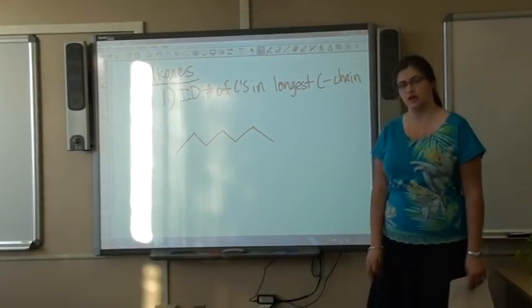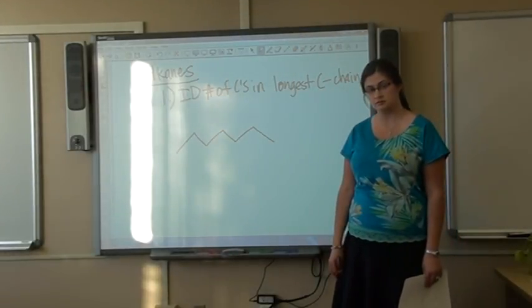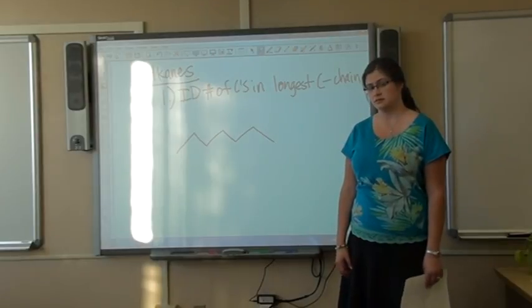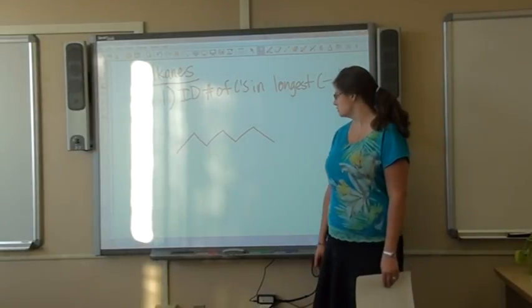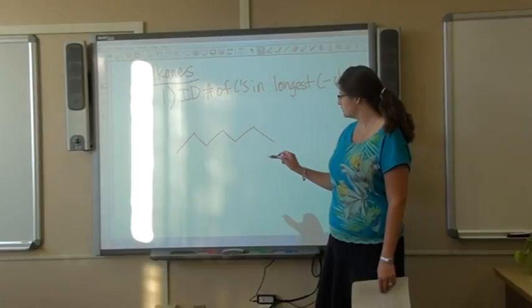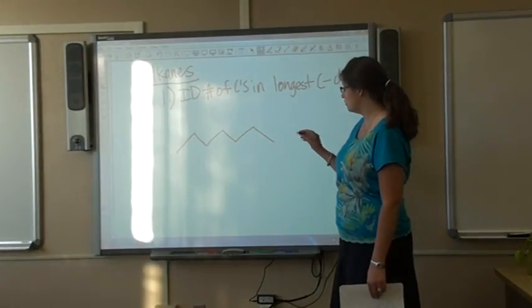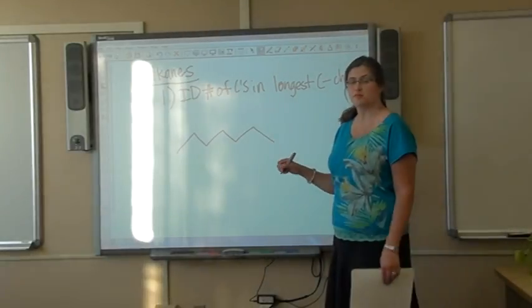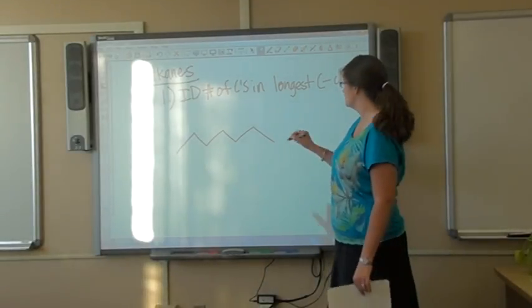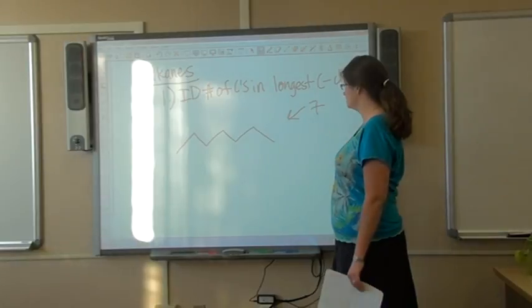How many carbons do you have in your longest carbon chain? You have 7. You said 6, it's because, or 1, 2, 3, 4, 5, 6, 7. Yes. There are 6 bonds, or 6 lines, but remember there are 7 points. So in this example we have 7.